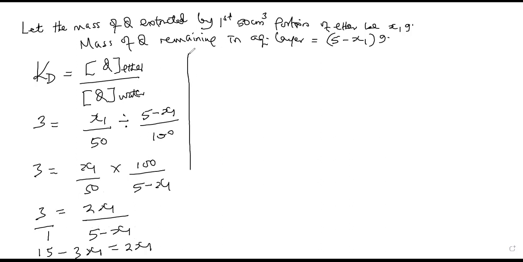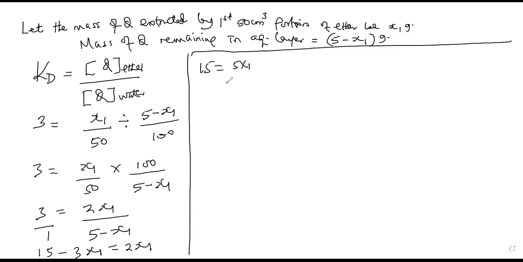And this will come to 15 is equal to 5X1. So my X1 is giving me 3 grams. It means that in the first extraction, when we use the first 50 cubic centimeters portion, we get 3 grams.